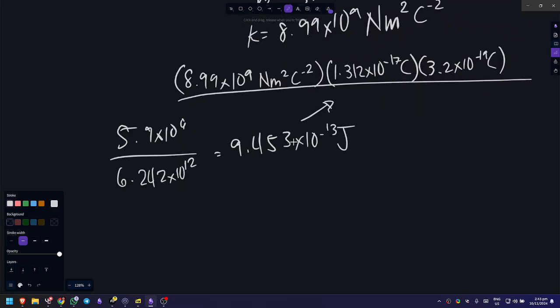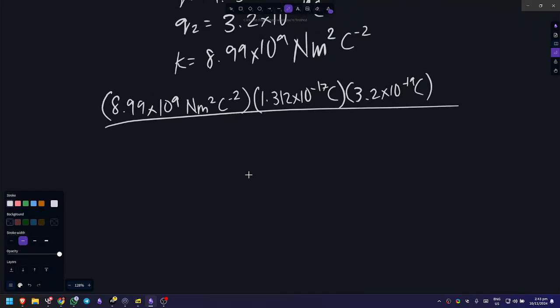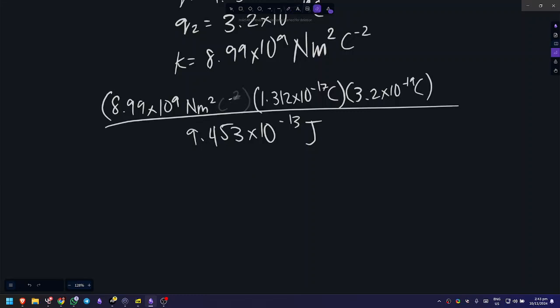So rewriting this equation, that is equal to 9.453 times 10 power minus 13 joule. Since we have coulomb and coulomb here, these all cancel out. Now we're left with newton meter and then joule.